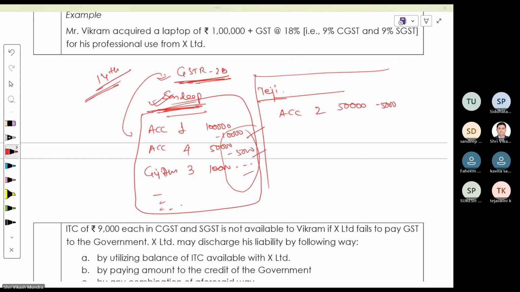Yes, sir. In short, unless and until the particular invoice appears in GSTR 2B, you are not supposed to claim ITC on it. Done? Clear? And how the data would be reflecting in GSTR2B, what is the flow of the data? I believe it is clear to all.